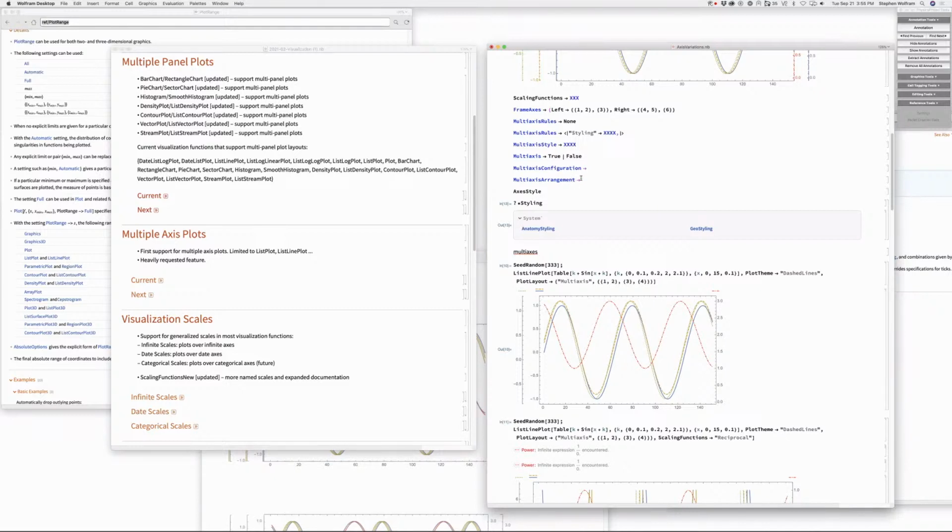Multi-axis. Which one are you saying? Arrangement, multi-axis configuration, multi-axis? I said positioning. I don't like it. That's going to be above, below, those kinds of things. Okay.